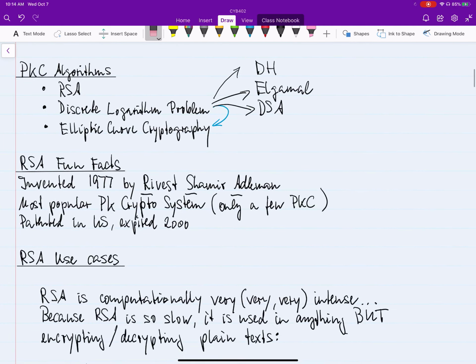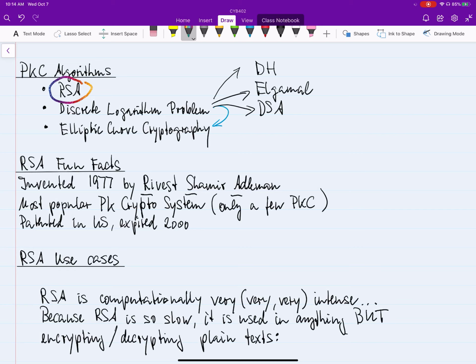So in general, what public key crypto systems are out there? Well, the most prominent one is RSA. There are, however, a number of others, but it's just pretty much a handful of public key crypto systems, which comes as a surprise because there are hundreds of different symmetric key cryptography systems.